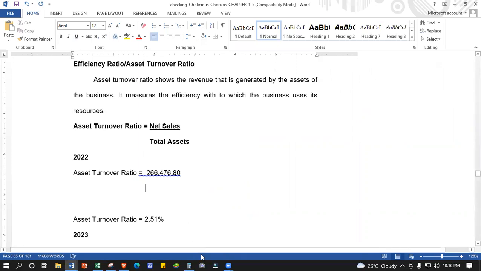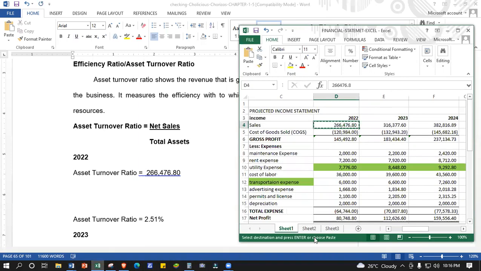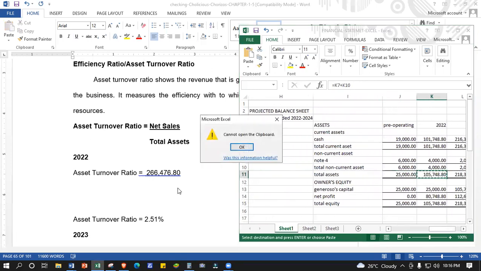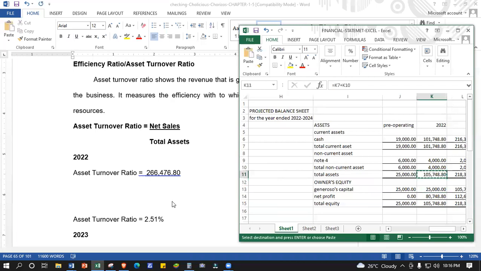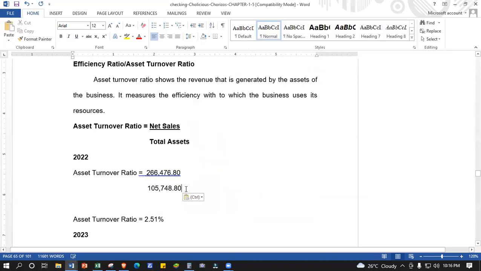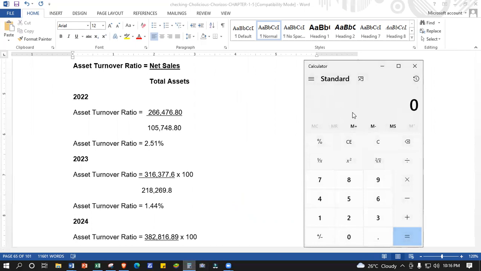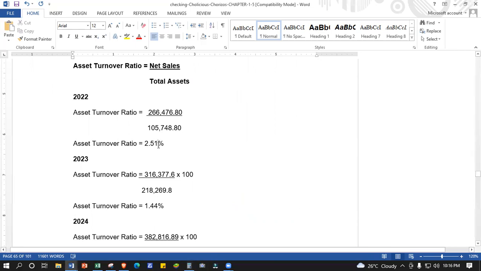So, what was written is correct, only the formula is wrong. So, asset turnover, let's see. 266,476.80 divided by 105,8.8. So, 2.52, rounded up, times. Okay, so again, it's not a percentage, it's just that.